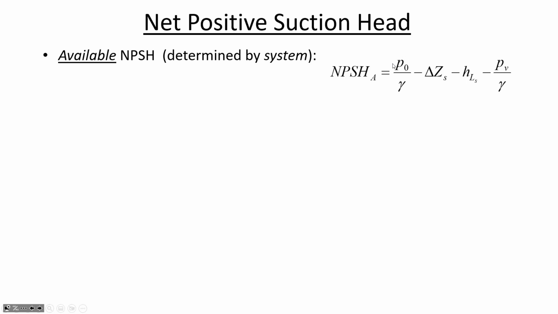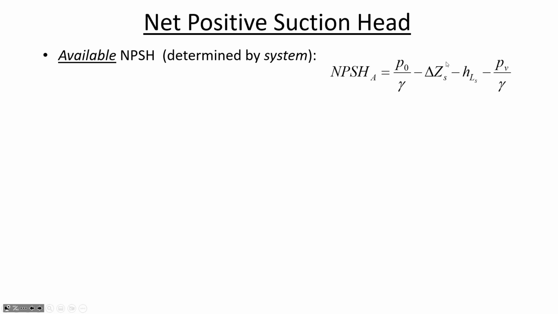So P naught is just the pressure of the atmosphere at whatever your location is. And by the way, all of these calculations are done in absolute pressure. Oftentimes we'll do our calculations in gauge pressure, but cavitation calculations are done in absolute terms because that's what we have for vapor pressure. Vapor pressure is on the absolute pressure scale. So we want to know the absolute atmospheric pressure.